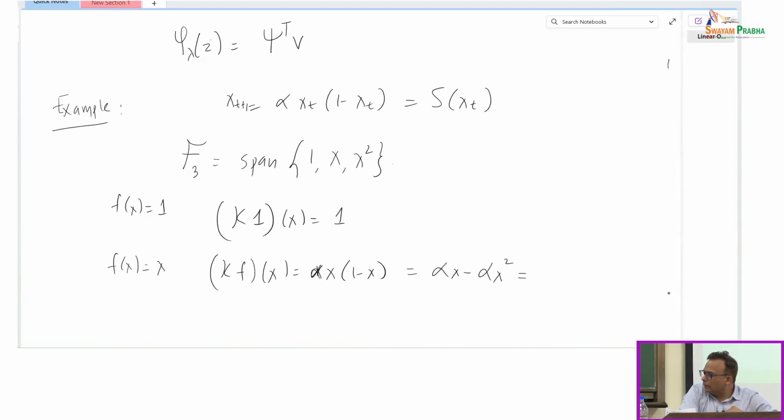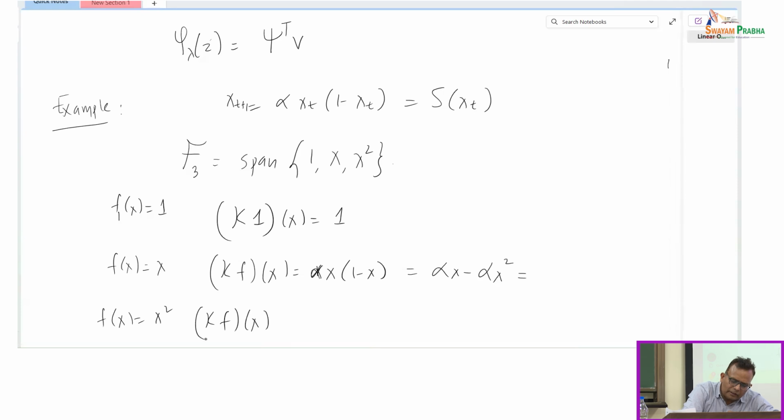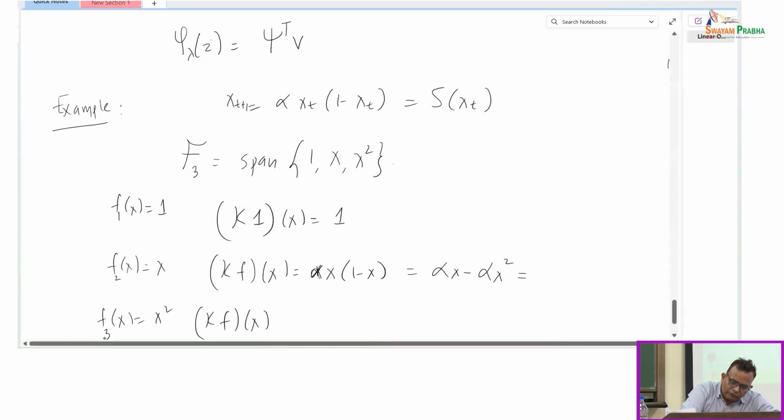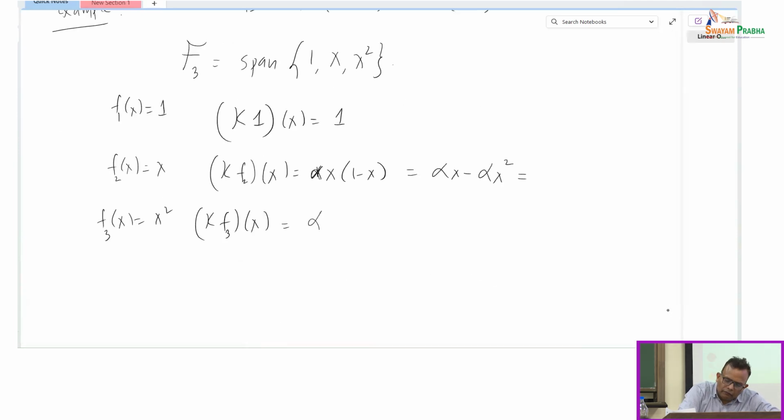So this is what you have. Now psi 3 of x equals x square. So now the Koopman of psi 3, if you have confusion, maybe I can write psi 1, psi 2, psi 3, this is 1, 2, this is 3. So this will be x square, right? So what will this be? Alpha x square times 1 minus x square, which is alpha x square minus alpha x power 4.